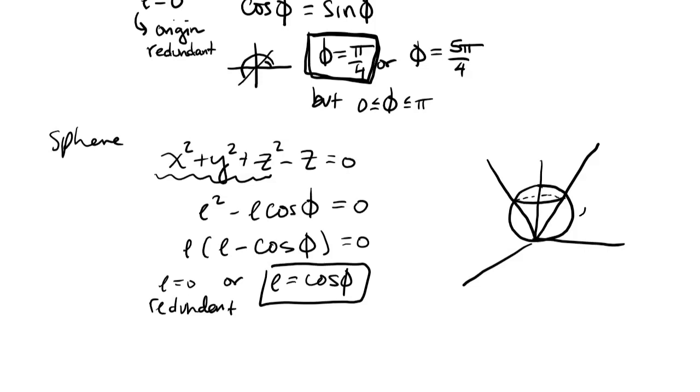And so the sphere is rho equals cosine phi, and the cone is phi equals pi over 4. So then we really want to think about bounds for rho, phi, and theta.